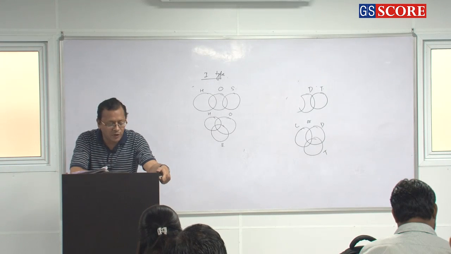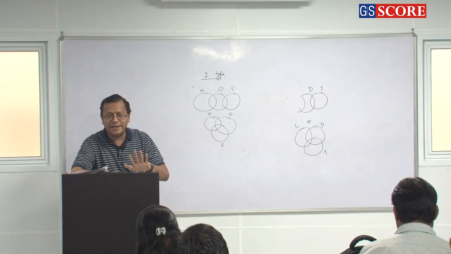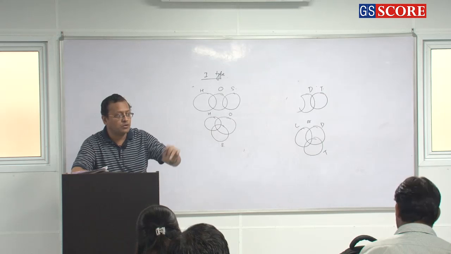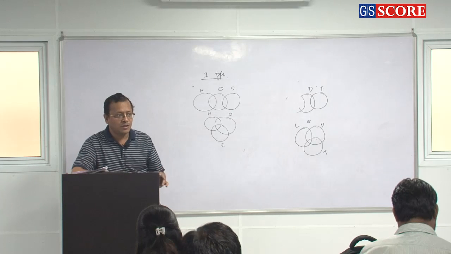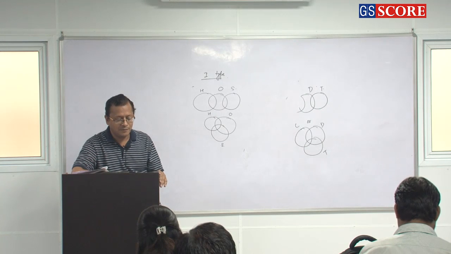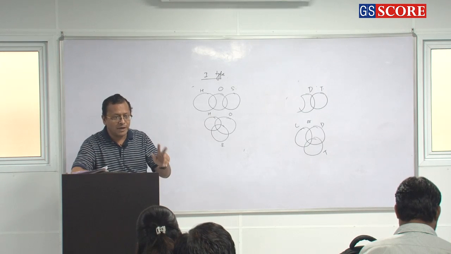Okay, but the question does not end here. The options are given also. These are the 4 conclusions, number 1, 2, 3, 4. The options are: A, 1 and 2 follow. B, 2 and 3 follow.